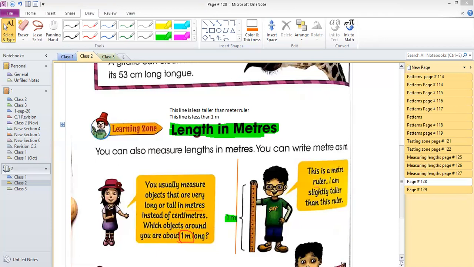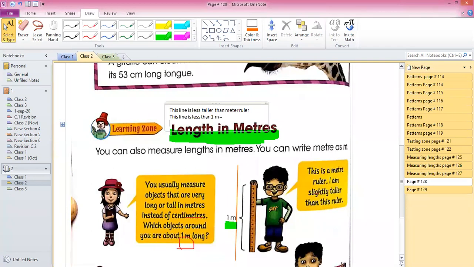I sent you a message, guys, to everyone. You have to answer me. This line is dash than 1 meter: more than, less than, or about to. I can write here also. Ali Nizar, check this line. Check the line and tell me the answer.